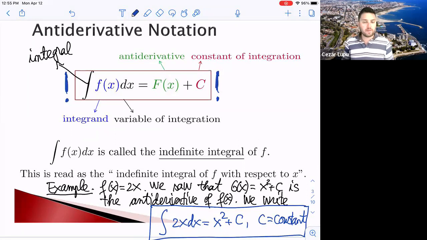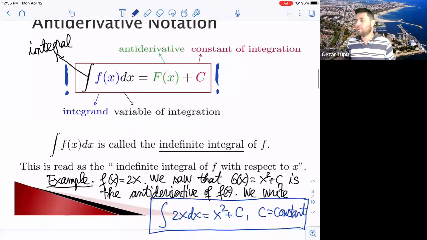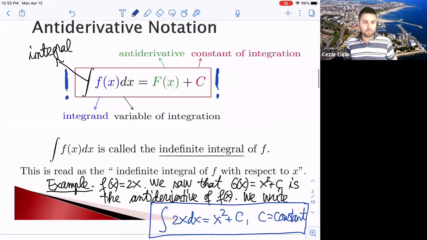Now let's see some properties and some examples. Since we introduced this new operation, this new integral, we'd like to see how we can operate with it. So we'd like to see what kind of rules this integral satisfies. And you'll see that this integral will behave nicely, but it won't be as nice as you want.